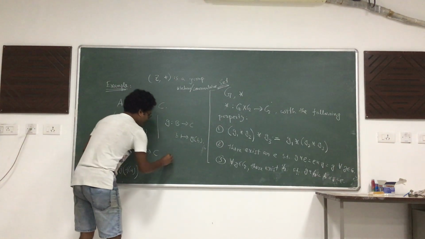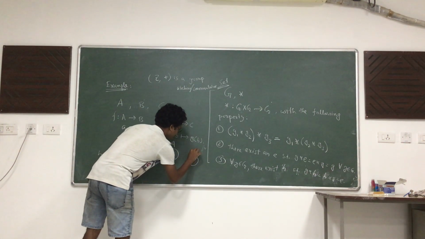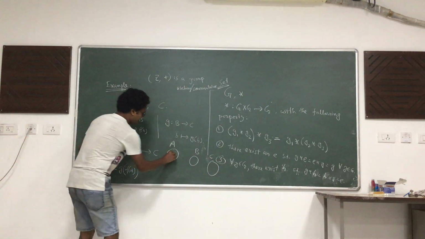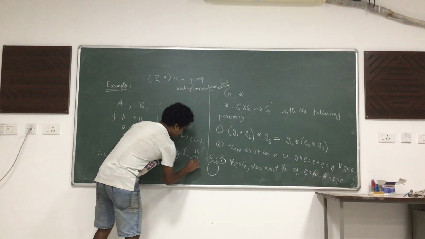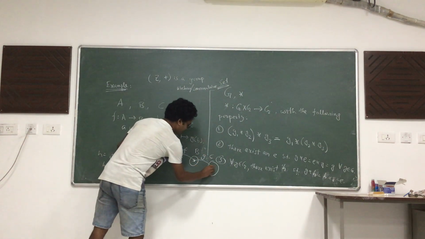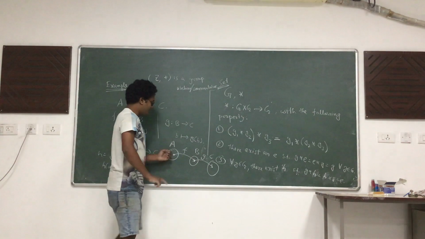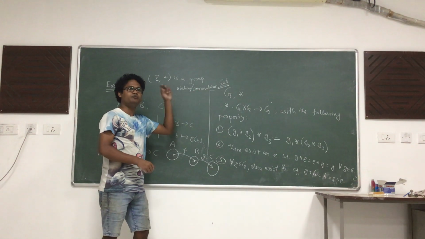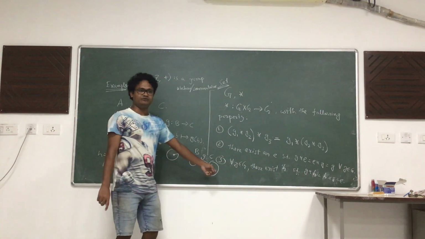Pictorially, I have a set A here, a set B here, and a set C here. Any element I take, via f, whatever I get, I impose the rule g on it. So for every element, I get one element in C. For a function, what we need to satisfy are two conditions. One is, for every element of A, I have to specify a rule.